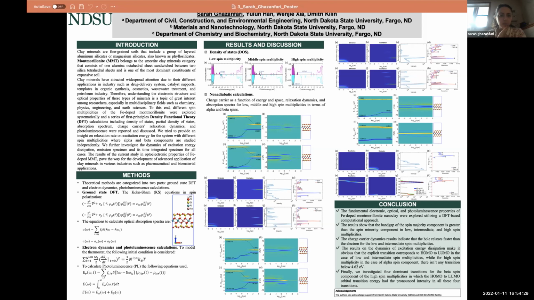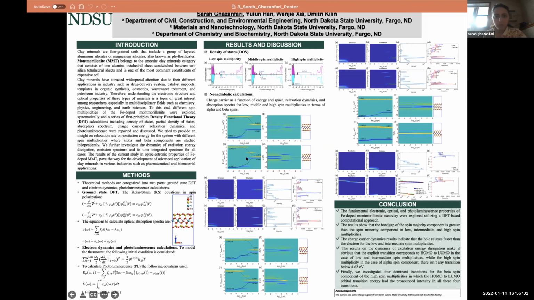For the method part, because of lack of space, I just mentioned several equations. You can see the equation for the quotient at the top, the equation for the absorption spectra, and the equation for the electron dynamics and photoluminescence at the bottom.